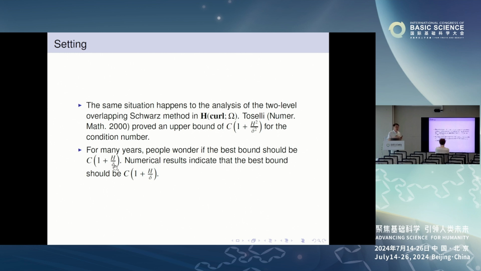Is this the same situation as the second order problems, especially for the small overlapping case? Numerical results already indicate that the best bound should be like this, but nobody knows how to prove it.